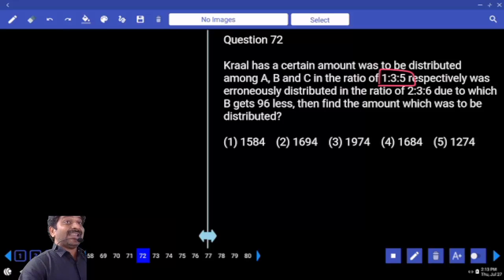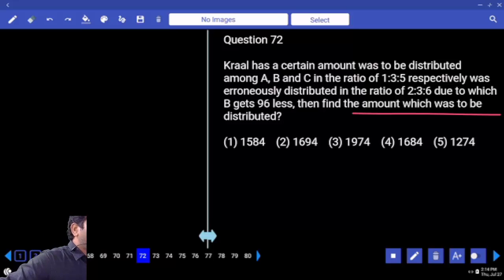By mistake, he distributed in the ratio 2:3:6. So values got changed, right? So people will get different amounts. Due to this improper distribution, B gets 96 less in the second case, right? Now the question is, what was the total amount distributed?